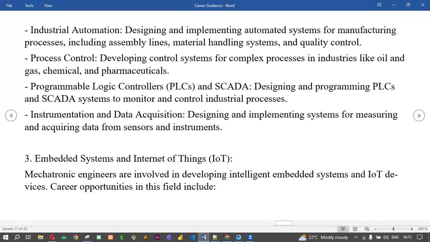When you talk about embedded systems and Internet of Things, all car engines today use what is called IoT, Internet of Things. Then embedded systems, things like fridges, microchips. You talk about ovens, microwaves.